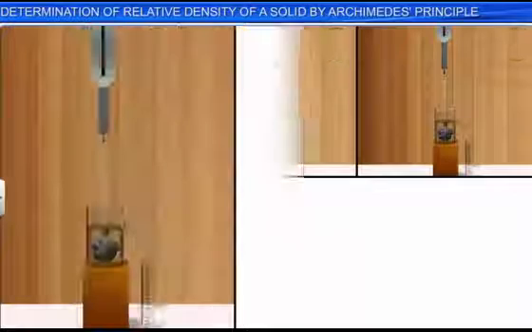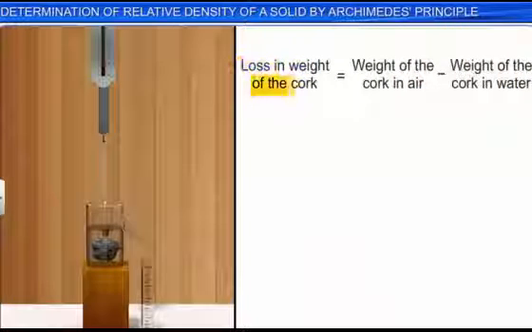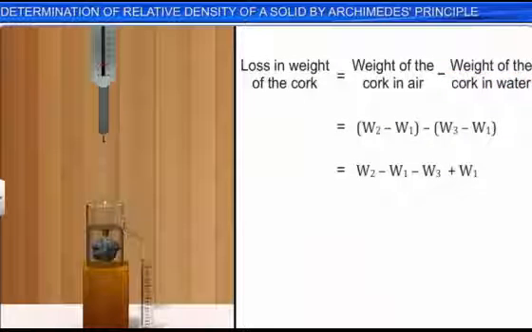The loss in weight of the cork in water is equal to the weight of the cork in air minus the weight of the cork in water. It can be written as (W2 minus W1) minus (W3 minus W1). By solving the equation, we get W2 minus W3 gram force.